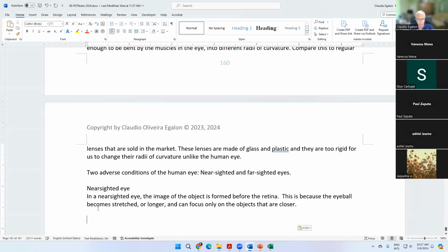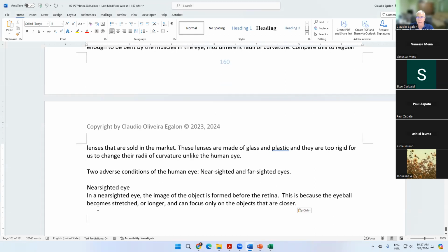In a nearsighted eye, the image of the object is formed before the retina. Why does it happen? Well, this happens because as you grow, for some reason, the eyeball becomes stretched or longer.